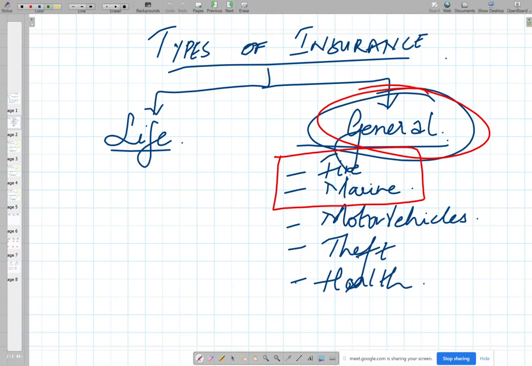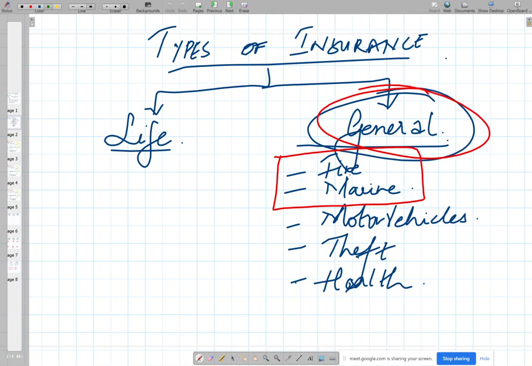So for that purpose, general insurance companies are required to prepare a separate revenue account. This revenue account is meant for every single category, every single insurance department which the company has.